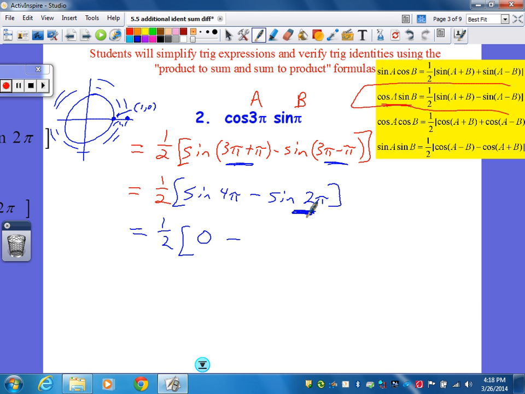Sine of 2 pi is 0 once again on the unit circle. So 0 minus 0. And now we have 1/2 times 0, which is just 0. Okay, so that would be your answer.